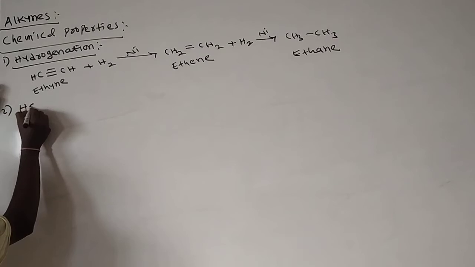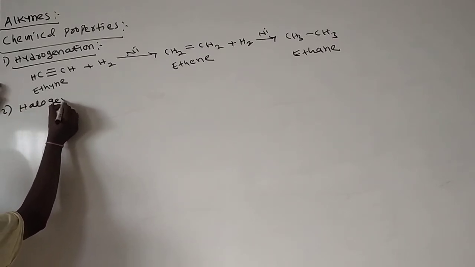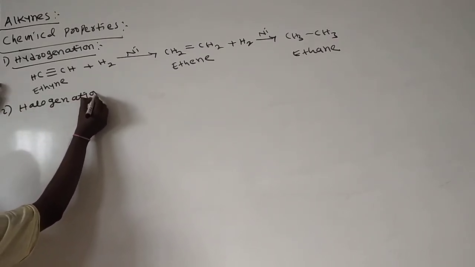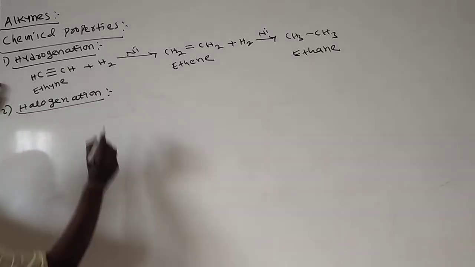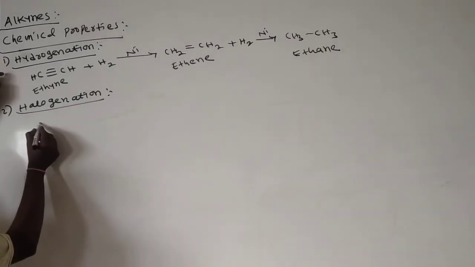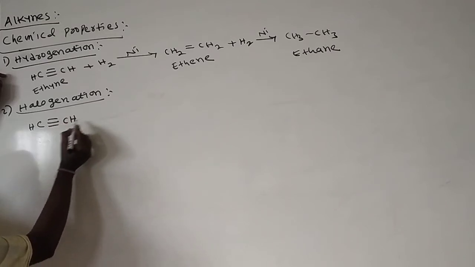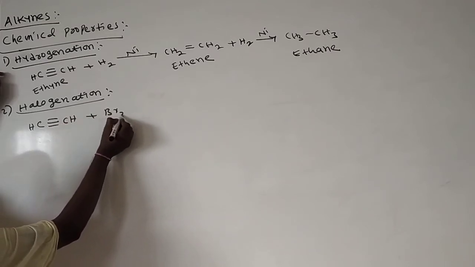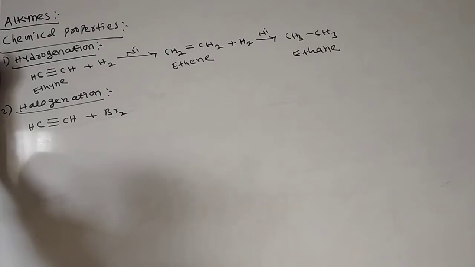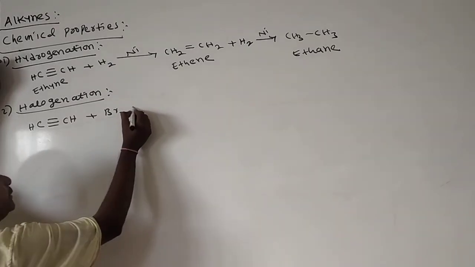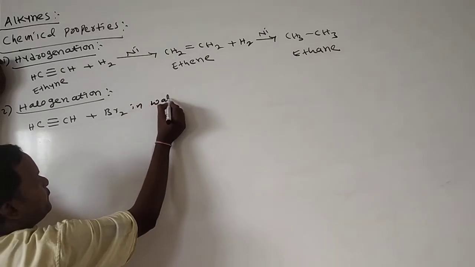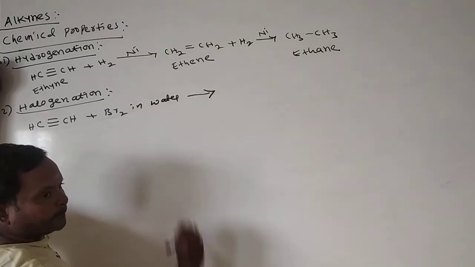Second one, we'll see halogenation. You take an alkyne, CH triple bond CH, and add Br2 in water, bromine water.